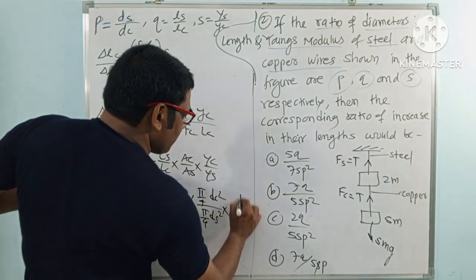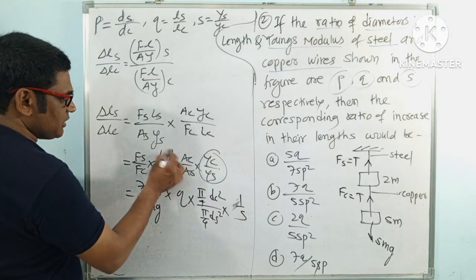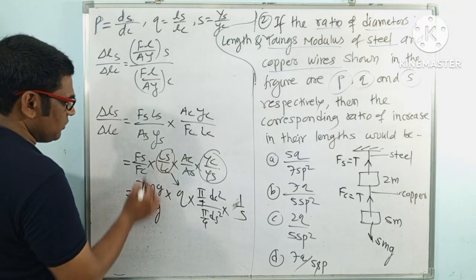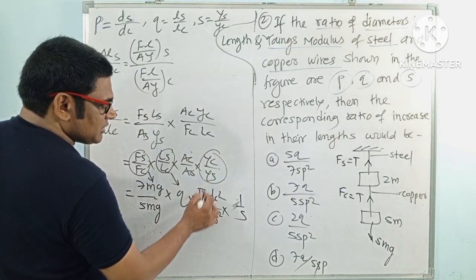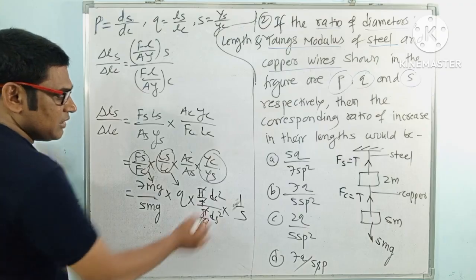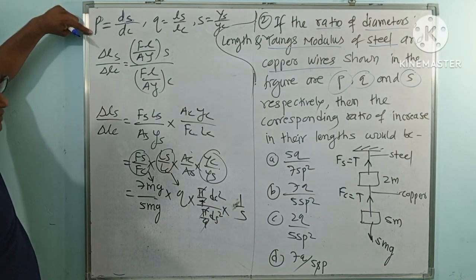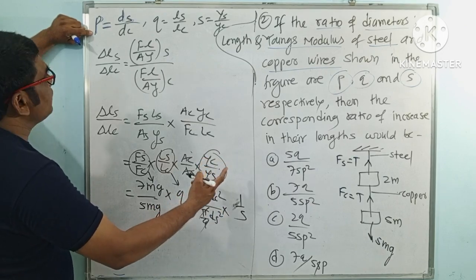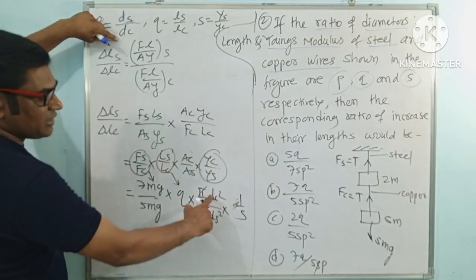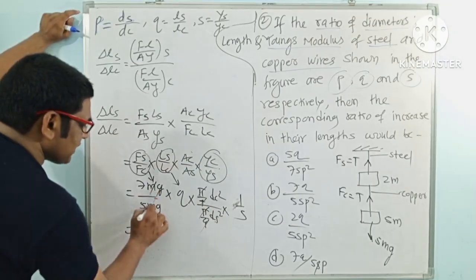This parameter is 1 by s. This parameter is q. For this we have written, this pi by 4 gets cancelled. So this is dc by ds, squared. But here ds by dc is given. But dc by ds means what? 1 by p. So 1 by p square. So this mg cancels.